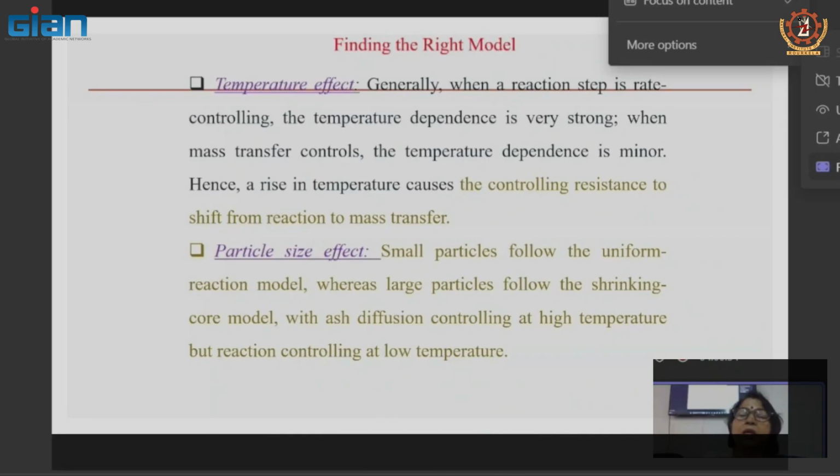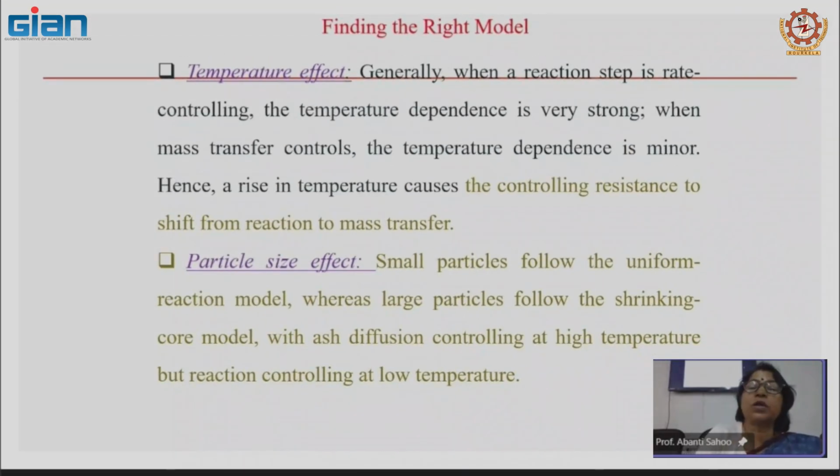When the reaction rate is controlling, the temperature dependence is very strong, because reactions may be exothermic or endothermic. So in the shrinking core model the temperature dependence is very strong. When mass transfer controls, the temperature dependence is minor, because the mass transfer is due to diffusion, where diffusion is controlling.